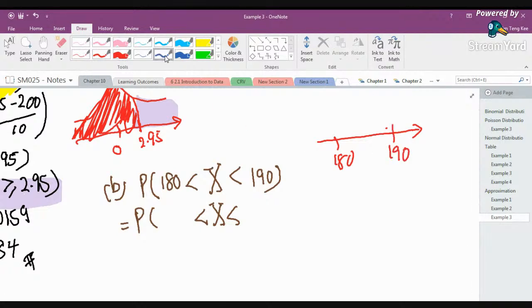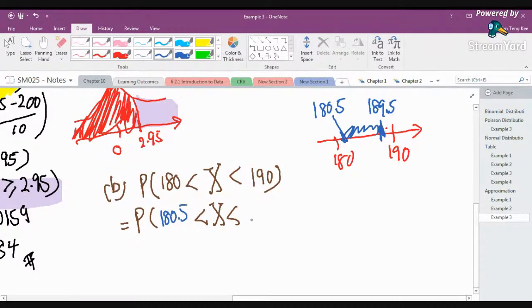I want between them, so that means I consider somewhere within here. On this side, I will consider 180.5. On the other side, I will have 189.5. So as a result, now I have 180.5 to 189.5 as the interval.